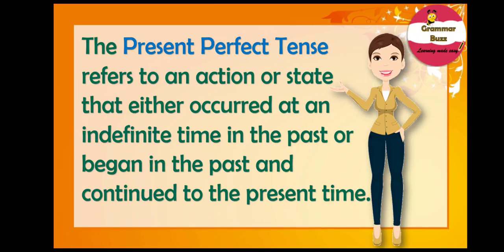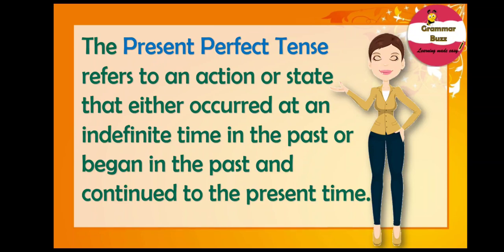The present perfect tense is a rather important tense in English. In this lesson, we shall look at the structure and the use of present perfect tense. So remember, the present perfect tense refers to an action or state that either occurred at an indefinite time in the past or began in the past and continued to the present time.